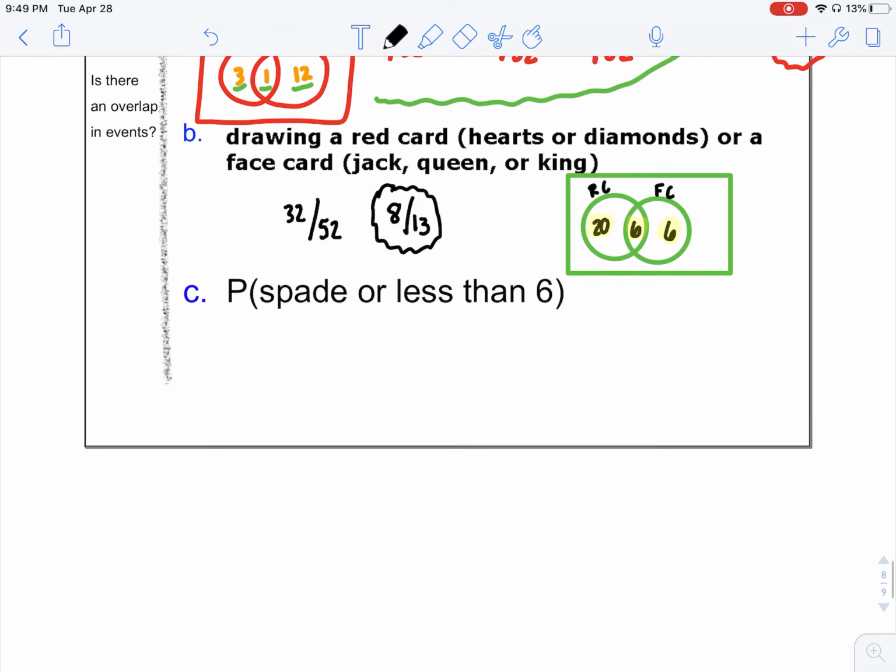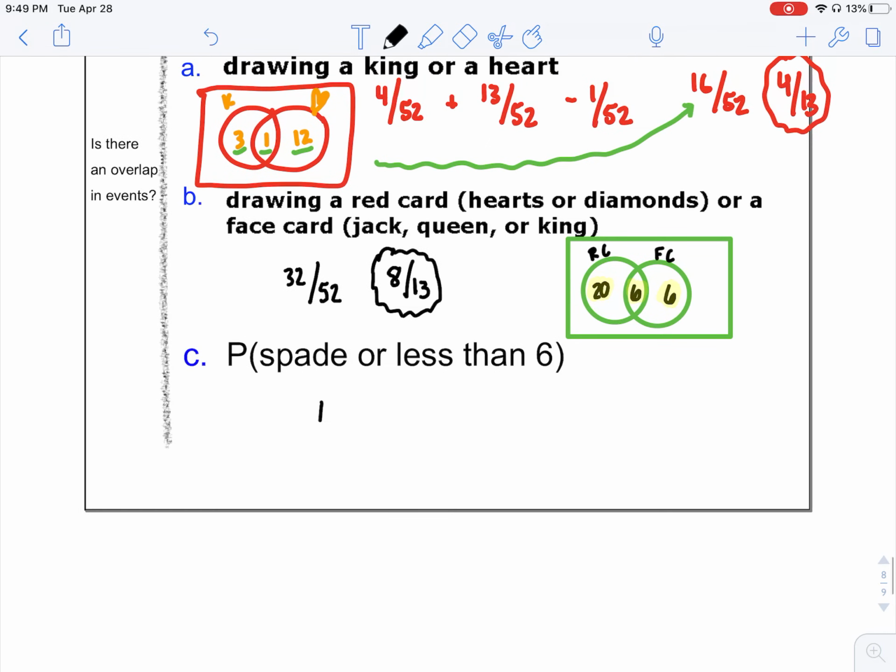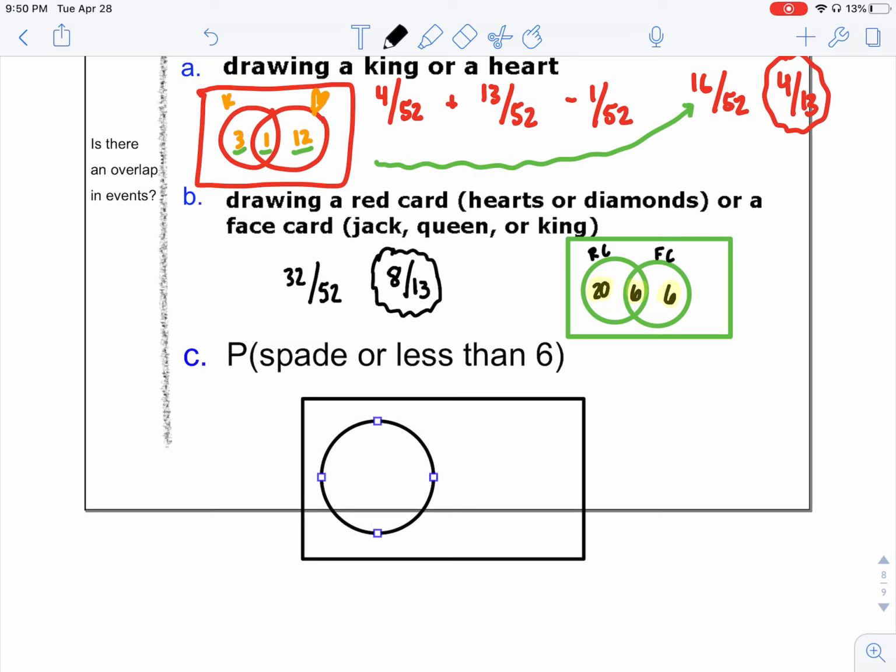All right. So probability of a spade or less than 6. Okay, let's just draw the picture. There is overlap there because there's going to be spades that are less than 6. So how many spades are there that are less than 6? So we got the ace, the 2, 3, the 4, the 5. So there's 5 of them.